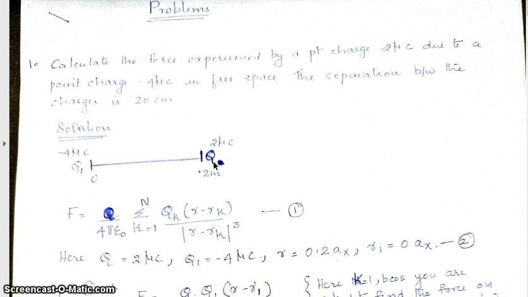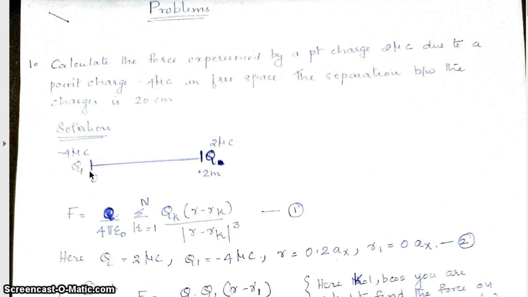Now in order to find the position vector, I have to find the coordinates. Here the coordinates of Q1 are 0, 0 and here it is 0.2, 0, because there is no y-axis component for Q1 and Q. Now you can write the position vector.